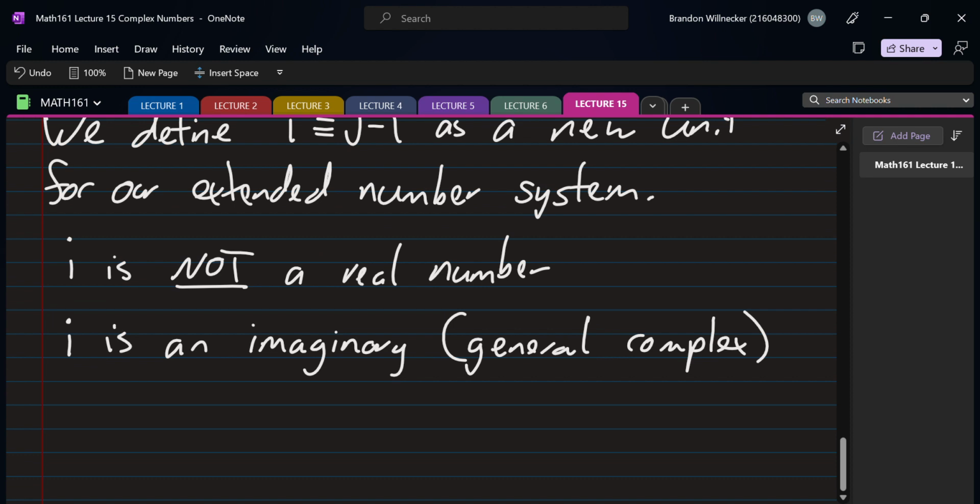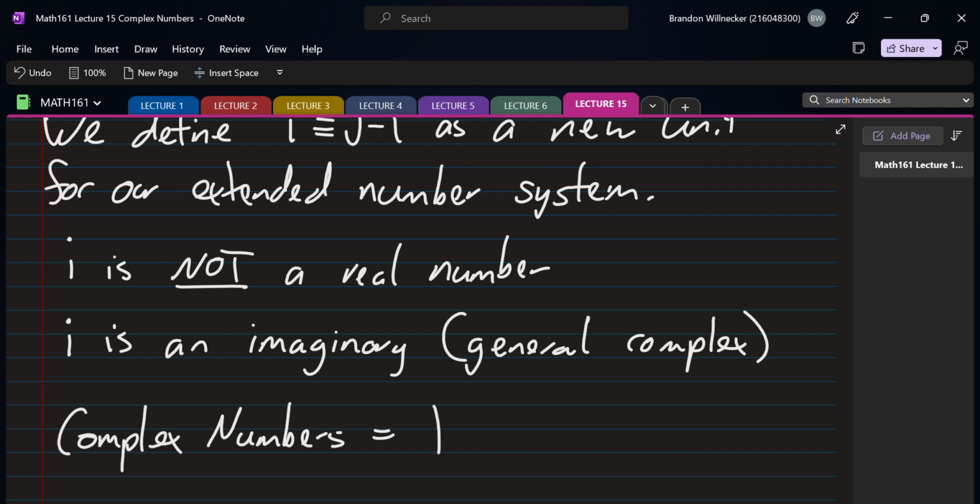Okay, so together with the real numbers and this new imaginary number i, we form the complex numbers. So the complex numbers is the real numbers plus some extra bits, so plus more terms.